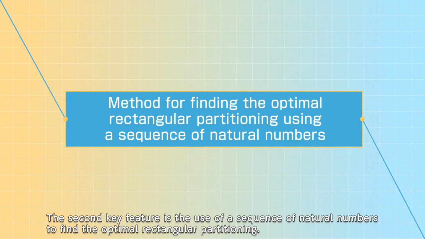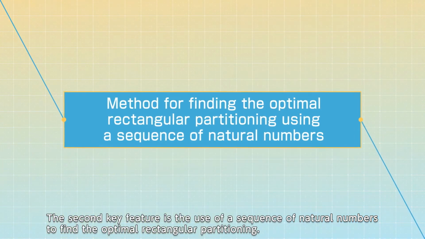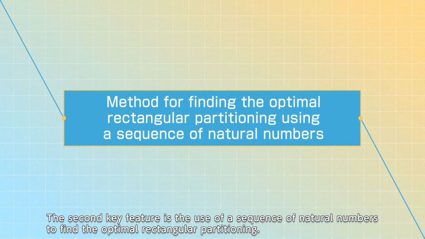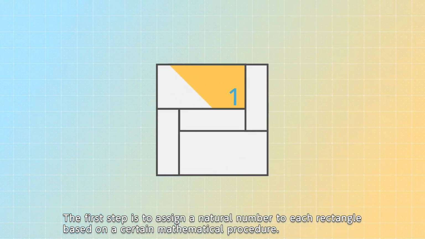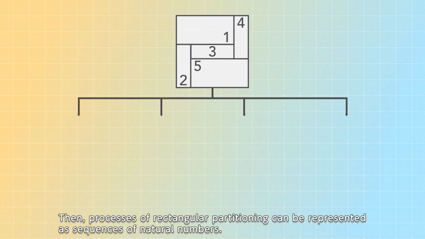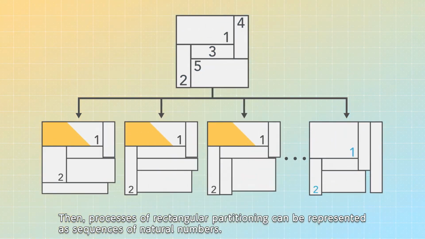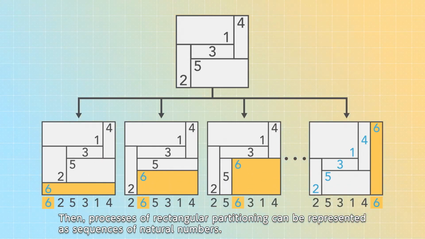The second key feature is the use of a sequence of natural numbers to find the optimal rectangular partitioning. The first step is to assign a natural number to each rectangle based on a certain mathematical procedure. Then, processes of rectangular partitioning can be represented as sequences of natural numbers.